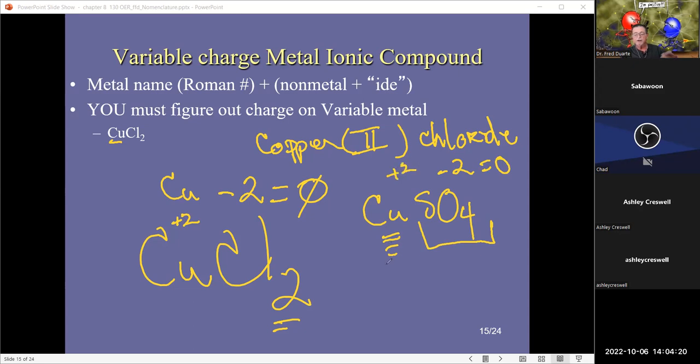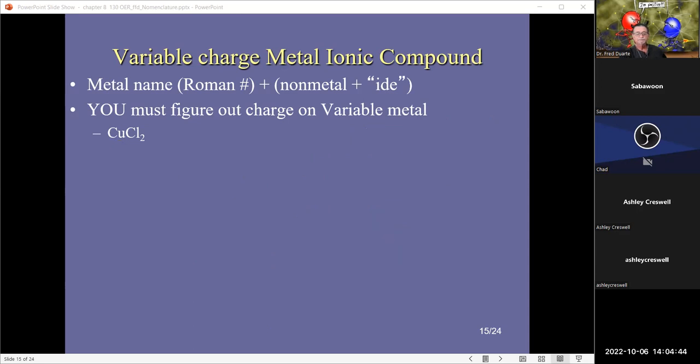So in this case, I got copper 2 sulfate, if I was using sulfate. So whether I'm using a single anion, like the chloride, or a polyatomic ion, I'm going to be able to know the anion's charge, which allows me to calculate what the cation charge would be. All right, so its name is copper 2 chloride.